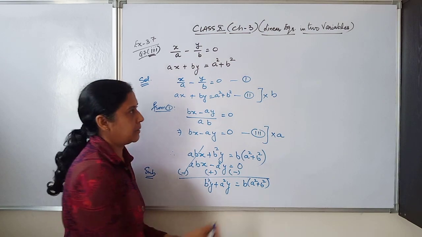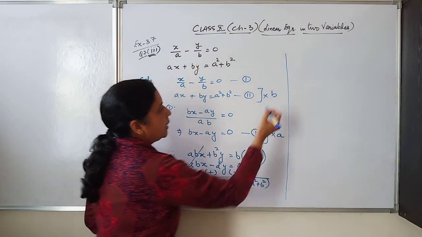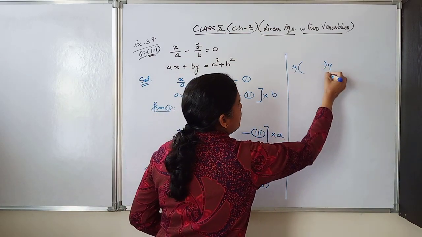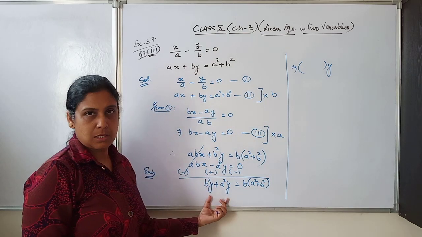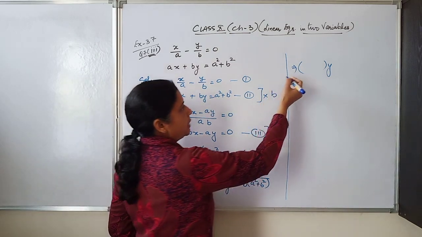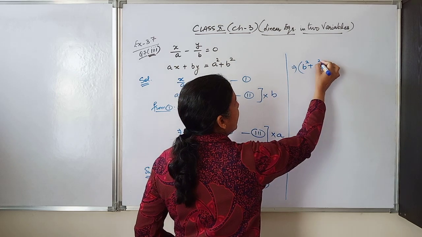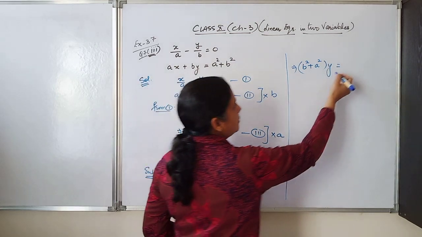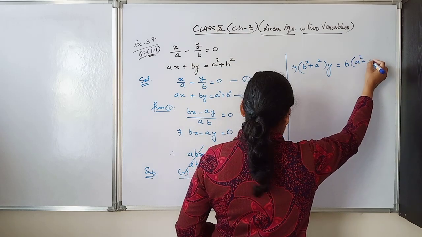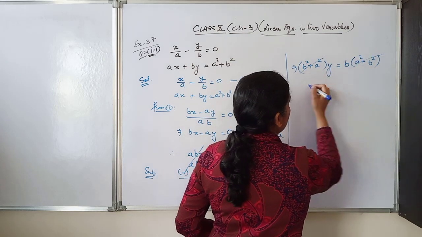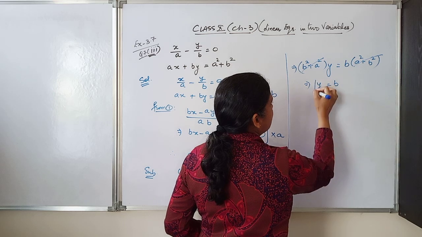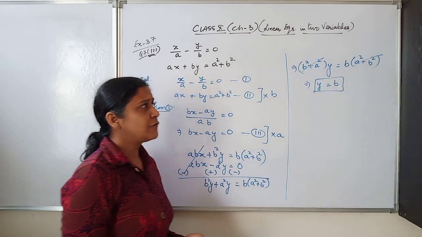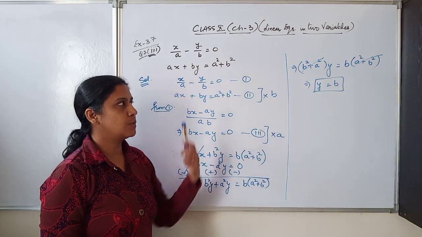Minus 0 doesn't matter. In the next step, when I take the common factor y out from LHS, I am left with b square plus a square into y is equal to b into a square plus b square. The whole factor cancels again and I'm left with a very simple value of y, that is b.